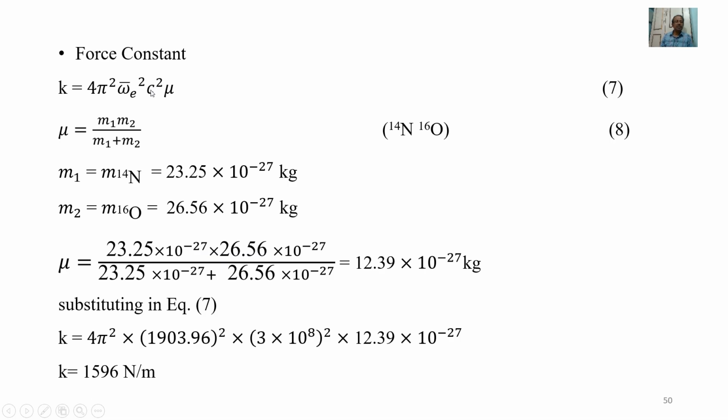Substitute in this equation, and we know the force constant value as 1596 Newton per meter.